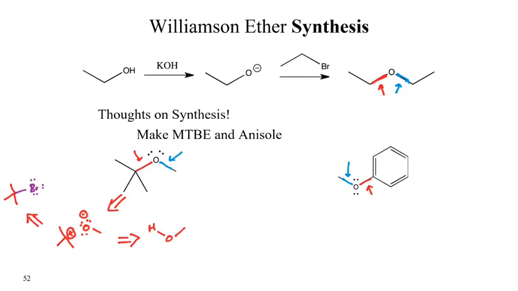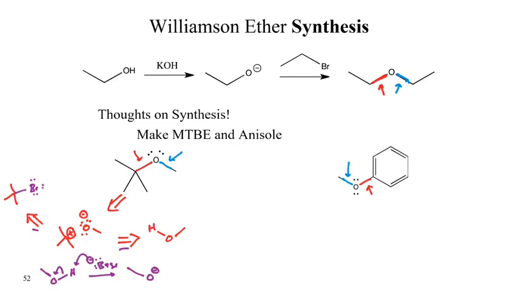So what we've done is a synthesis using retrosynthesis arrows to work backwards. If we walk through this, what we would start with is our alcohol. I would react it with a strong base. I know it's strong because it's negative. The base would go through and remove the hydrogen. I would now have my negatively charged nucleophile.